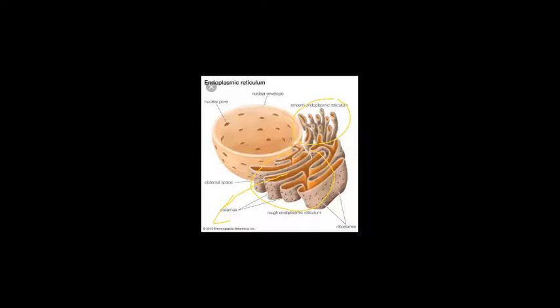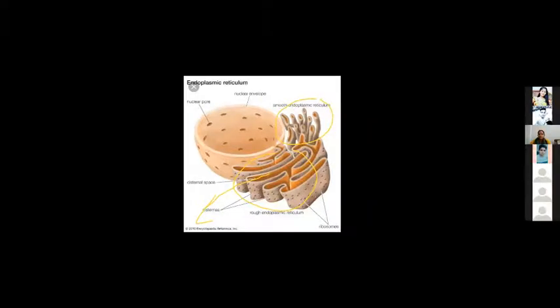What are the functions of the endoplasmic reticulum? The ER acts as an intracellular circulatory or transporting system. As we have seen, there are exchanges of many things here, and this is a very large process.